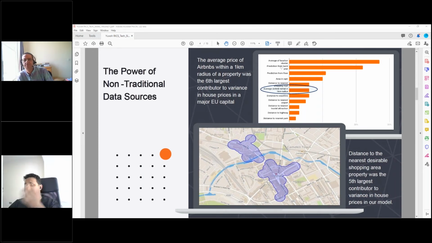And then, of course, you've got the usual things, build year, square footage, floors, etc. But what you can probably see here is the geospatial aspects, how far the augmented features come to the fore. Distance to coastline, distance to airport, distance to nearest tourist attraction, highway, park. These types of things, yes, they may be only small, 2, 3, 4, 5, 6% or whatever, but if you add all of them up, it becomes actually quite large drivers to what's going on there.